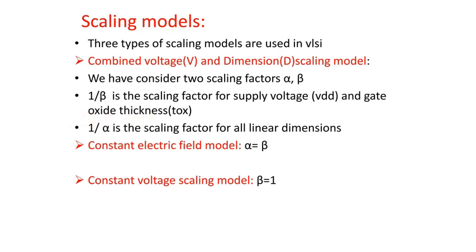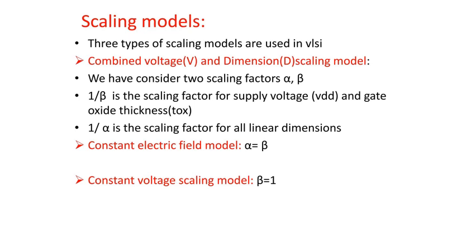So beta is the scale factor. So 1 by beta is the scaling for the supply voltage VDD and the gate oxide. Whereas 1 by alpha is the scaling factor for all linear dimensions, namely the transistor length, width and other.